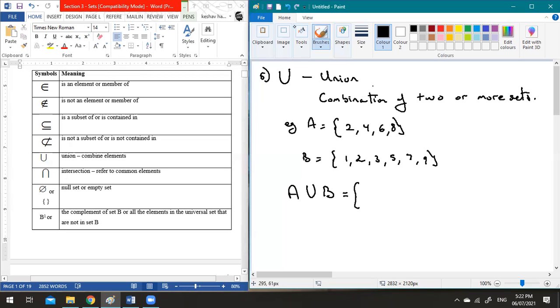Now, if you have repeated elements, for example, 2 is repeated, you do not write it twice, but you write it once. So 1, 2, 3, 4, 5, 6, 7, 8, 9.